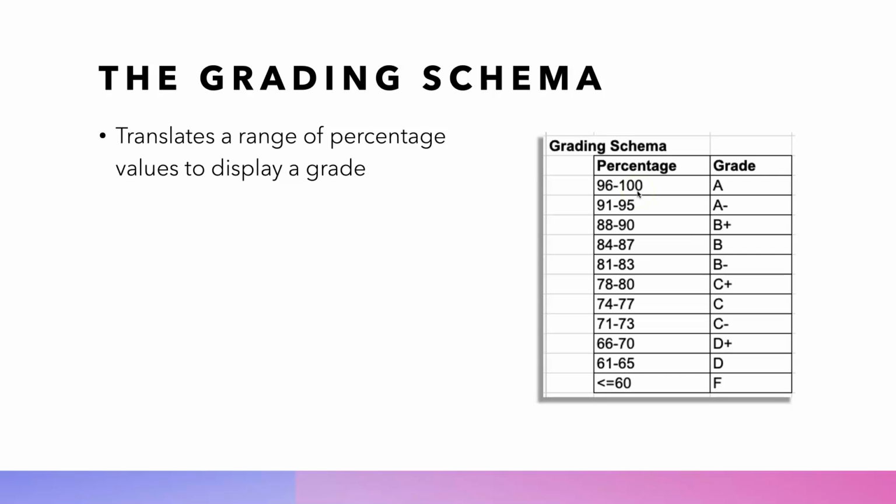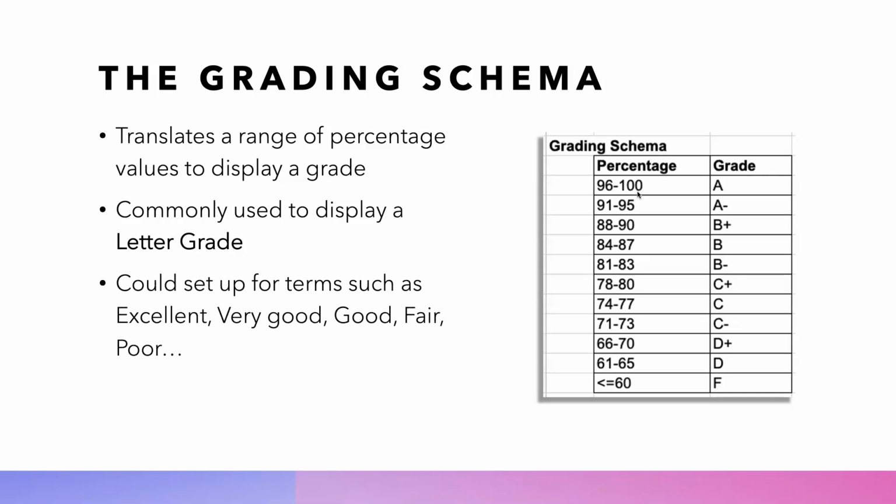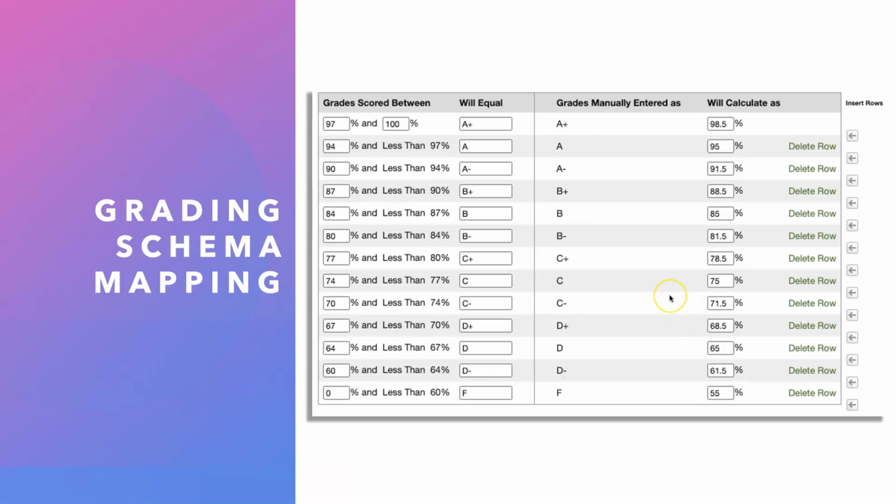Though in this example, we are viewing letter grades, we could also use classifications such as excellent, very good, good, etc. for a specific range of values. So instead of letter grades A, A minus and so on, we could use excellent, very good, good and so on. Here is the interface we see in Blackboard for setting up the grading schema.